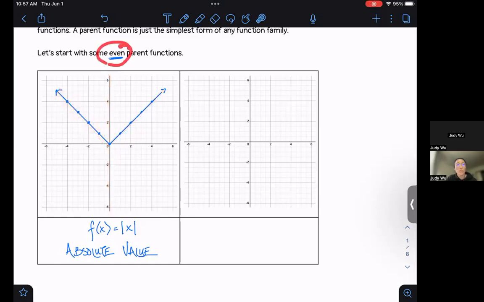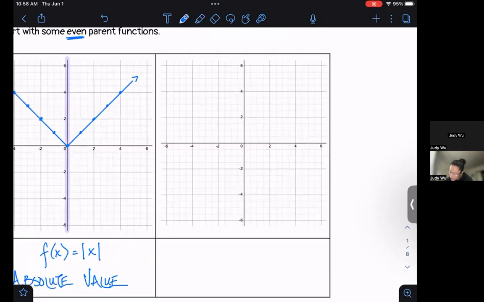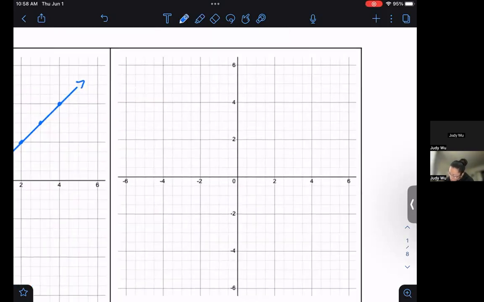Visually, that's what we're looking for when we say that something is an even function, okay? And so this is not part of the graph, but I'm going to draw this line here, okay? Just to help us see that we could fold that left and right half over that line and get the same picture.